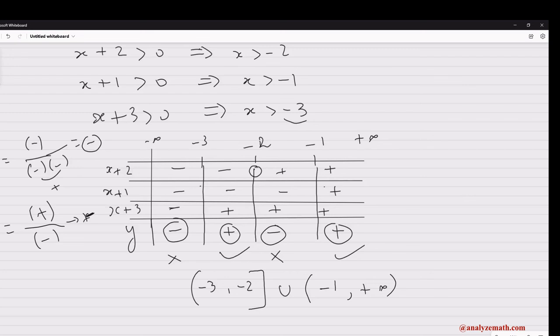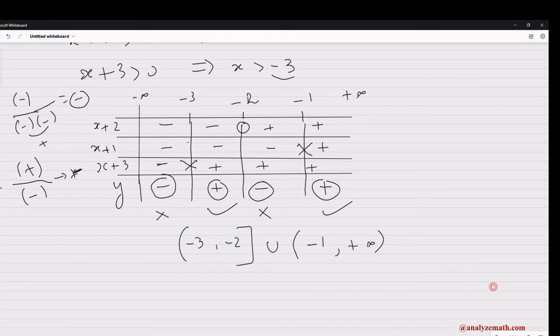Normally we put a cross here because minus 1 makes our term in the denominator 0, and normally we should also put a cross here at minus 3. That will make it easier to exclude them when we write the intervals.